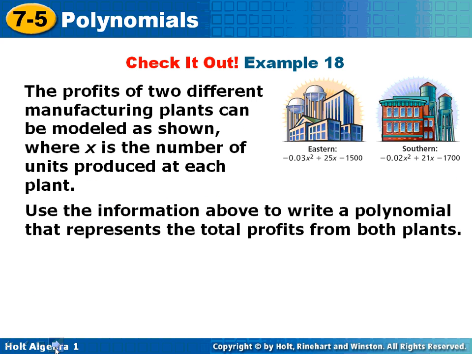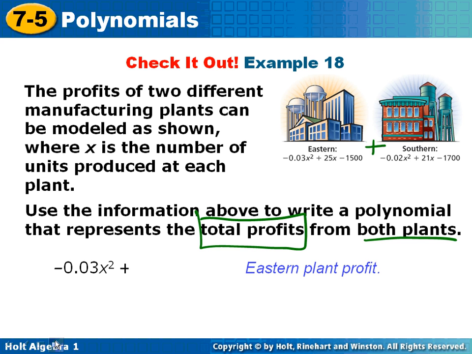One more, guys. Okay, we have two things that we are going to take profits of. It says that x is the number of units produced at each plant. We want to know total profits from both plants. That means we're going to have to add the eastern and the southern together. Let's get started. The eastern plant profit is negative 0.03x squared plus 25x minus 1500.